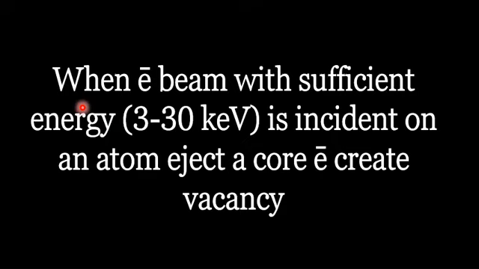An electron gun is a device used to liberate or emit highly energetic electrons, and the energy of the emitted electrons is in the range of 3 to 30 kilo electron volt.